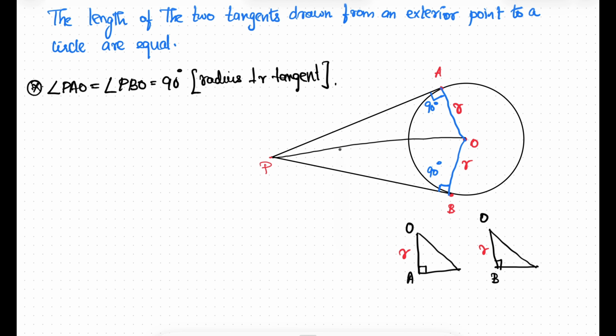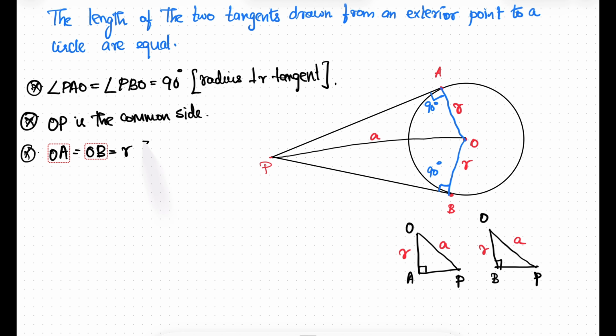Now OP is the common side for both the triangles. So this one is OP and this one is also OP. We can take it as A, so OP is A and OP is A as well. Let me write it again: OP is the common side, and OA is equal to OB is equal to R. Reason: radius of the circle.